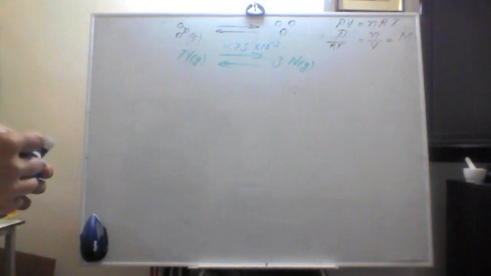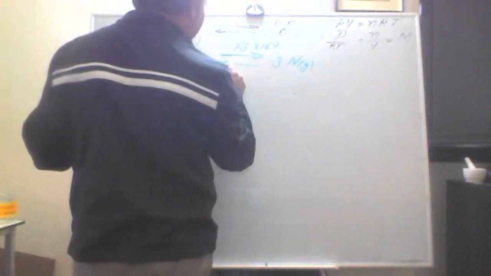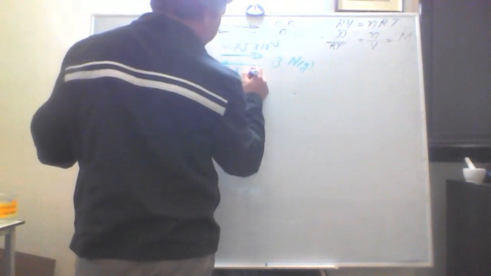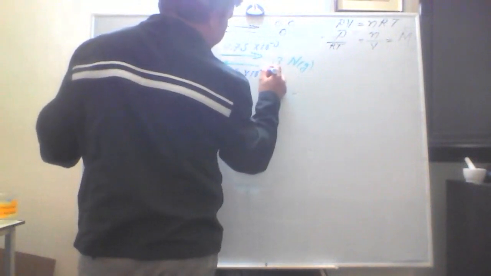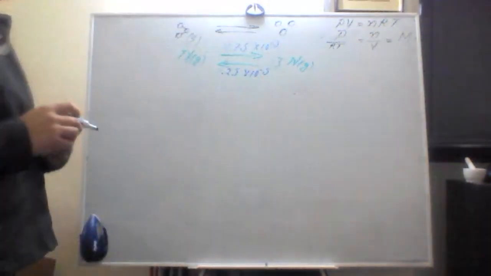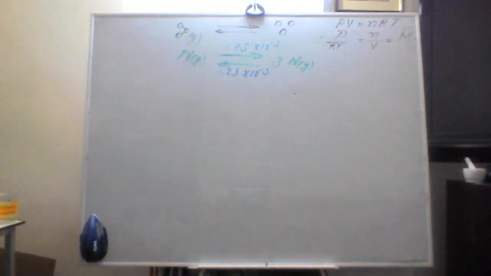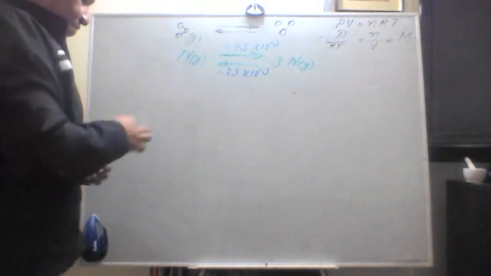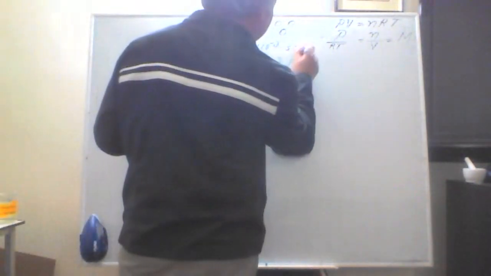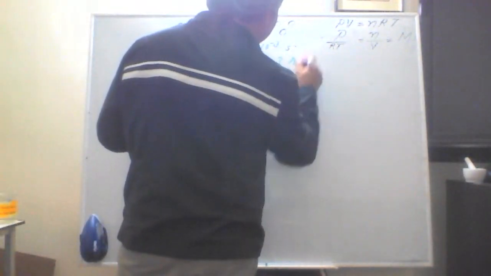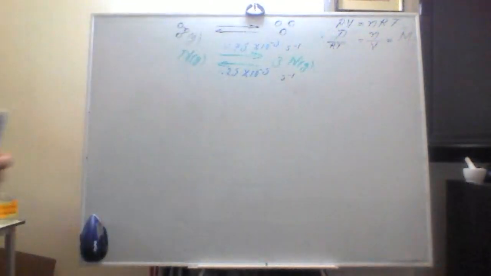And then we have 1.25 times 10 to the minus 5 going back. We have skipped the units here just to keep things simple. This will be like seconds to the minus 1. If you want to be formal about it, just write seconds to the minus 1. But it's not going to change what we're doing. So let's suppose we have those reaction rate constants.